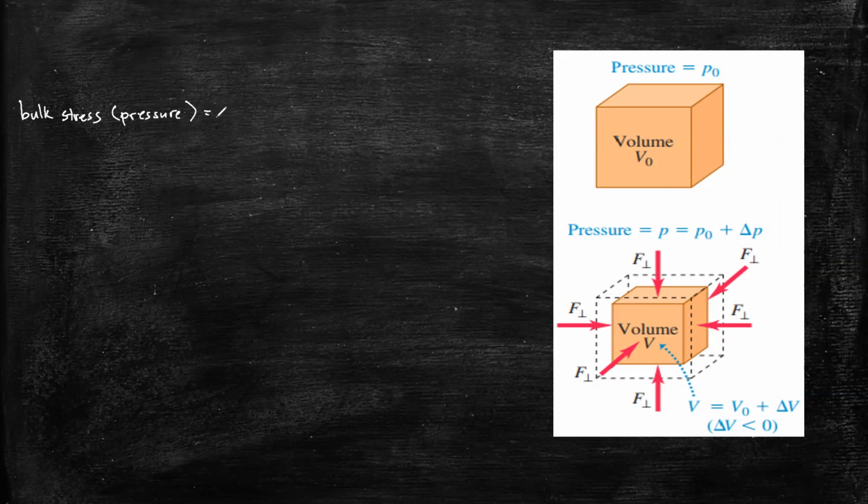The formula for pressure or bulk stress is the perpendicular force divided by area. Again, it is called pressure if it is in a fluid. Pressure in a fluid increases with depth.